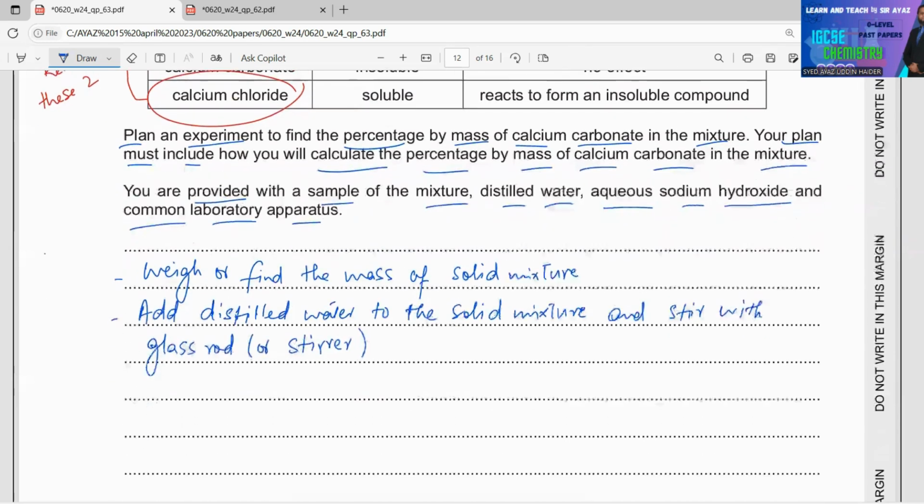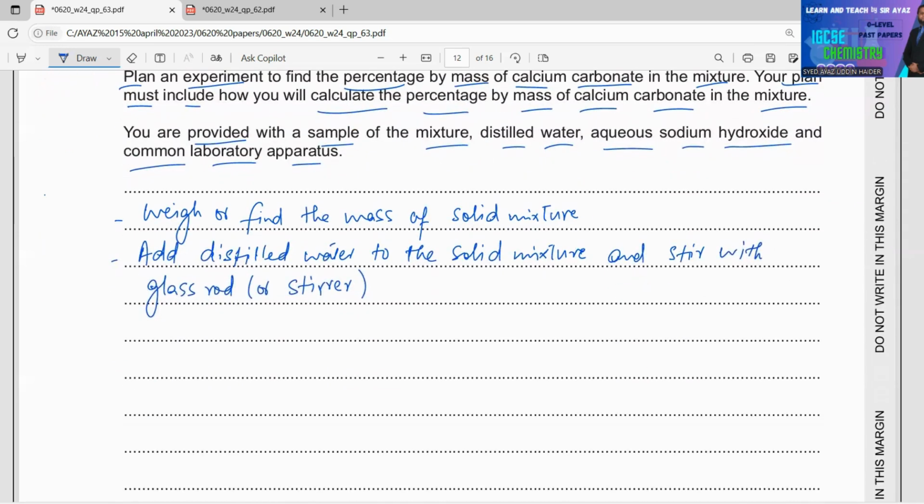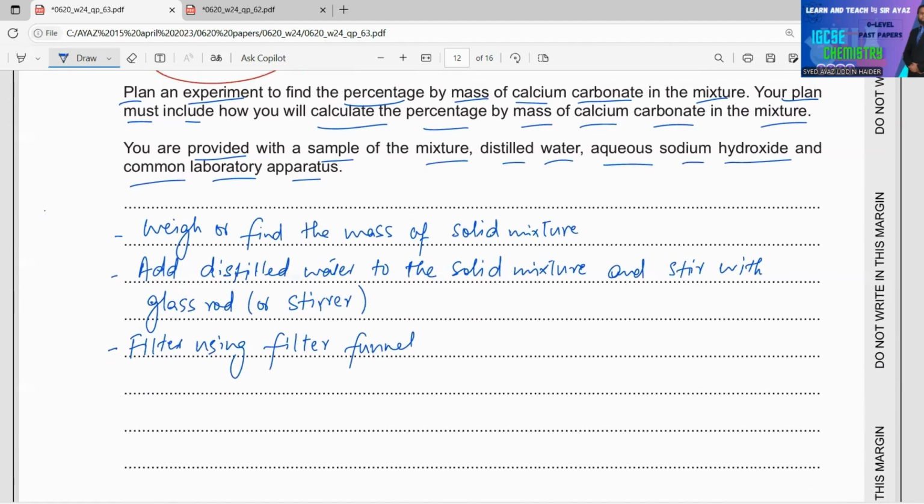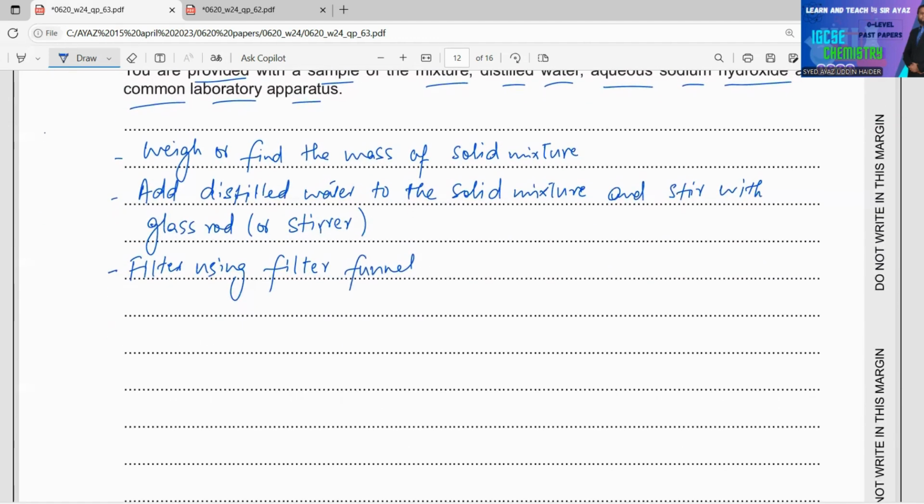Next step, we have to filter using filter funnel. In this way, we can remove calcium chloride from this mixture. Then we continue the steps with the residue.